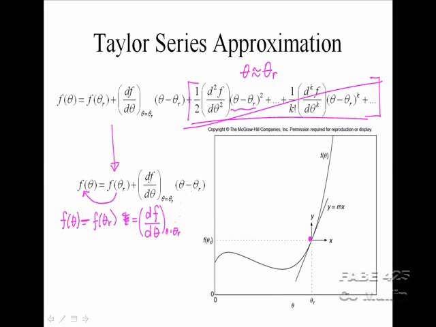All I'm saying is that we evaluate it at theta equals theta r, and then multiply it times theta minus theta r. So if we put it into this format, this part can become our y. The derivative becomes our slope, which kind of makes sense.